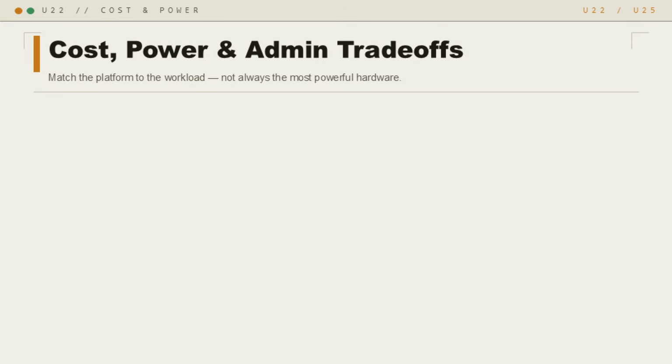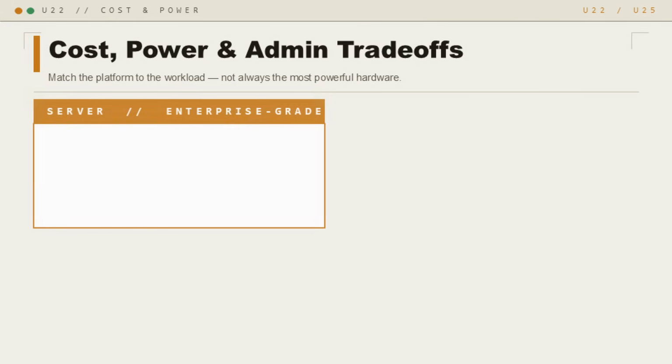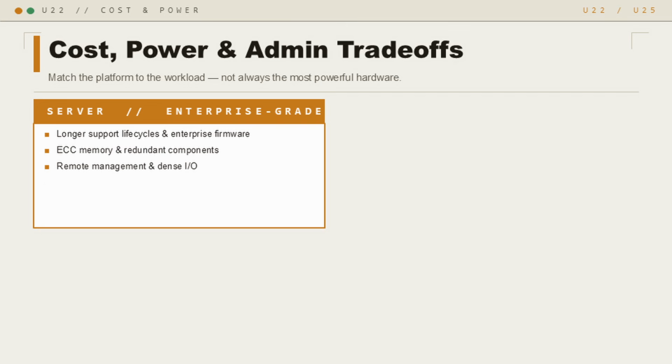When choosing between servers and desktops, there are always trade-offs. Servers usually cost more than desktops with comparable specifications because they are built with enterprise-focused capabilities, such as enhanced reliability, manageability, and fault tolerance that are costly to develop, certify, and support. Servers have longer support life cycles. They come with ECC memory support, remote management capabilities, and denser I/O.